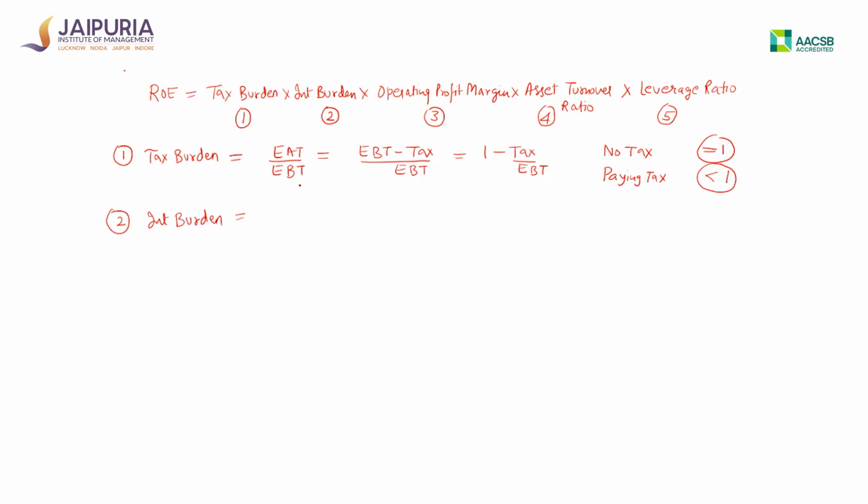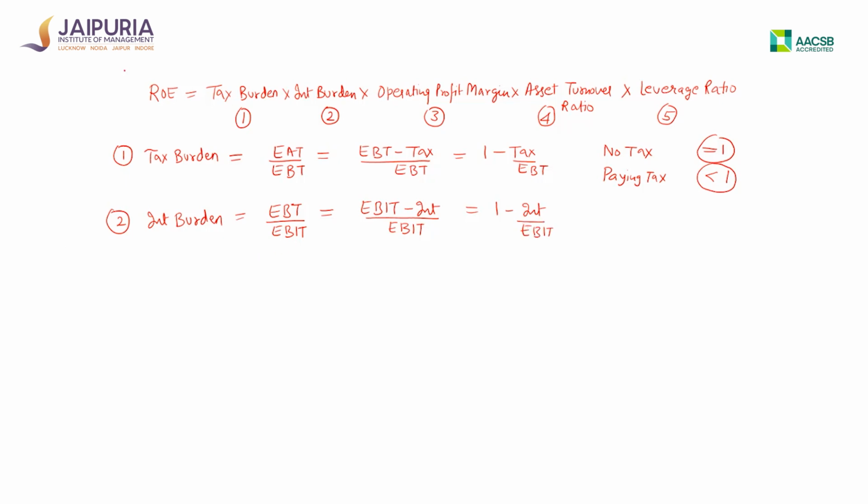Again, as the name suggests, it shows how much of operating profit is left after paying the interest. So we take EBT upon EBIT. If I decompose the interest burden, I can write it as EBIT minus interest upon EBIT, which is equal to 1 minus interest upon EBIT.